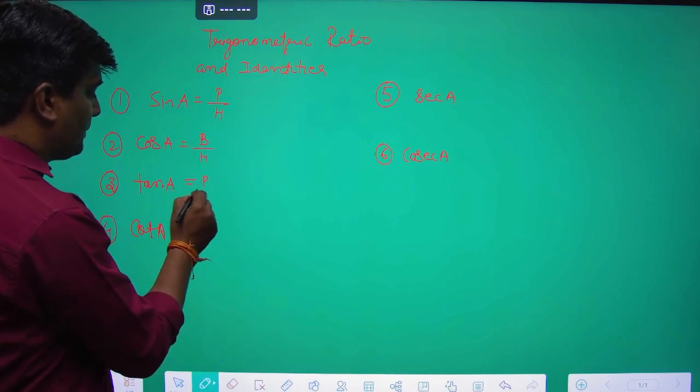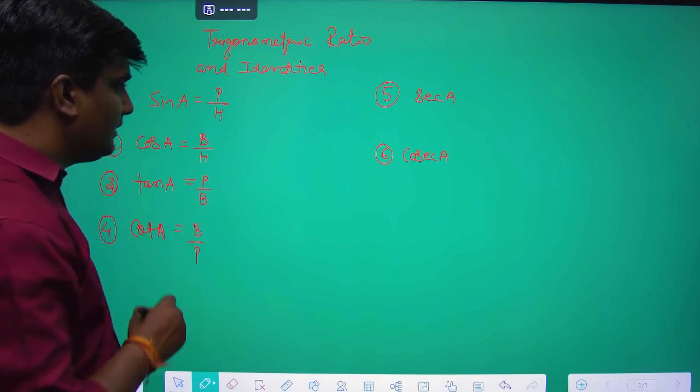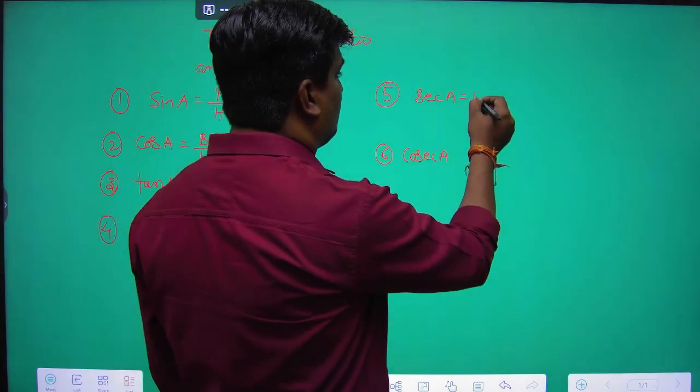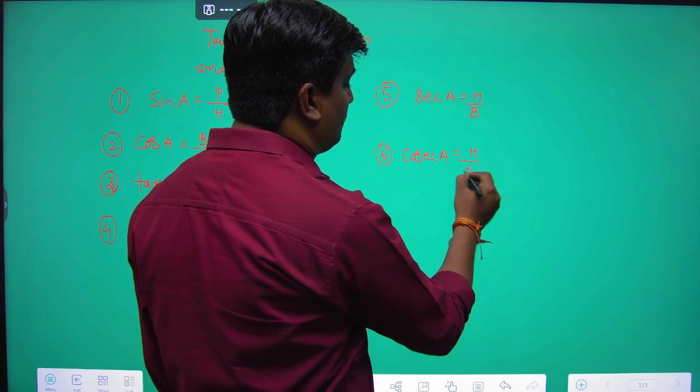Tan A is equal to perpendicular upon base, and cot A is equal to base upon perpendicular, and sec A is equal to hypotenuse upon base, and cosec A is equal to hypotenuse upon perpendicular.